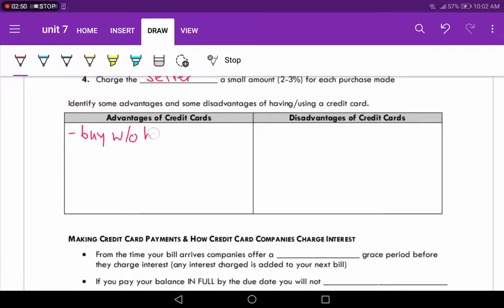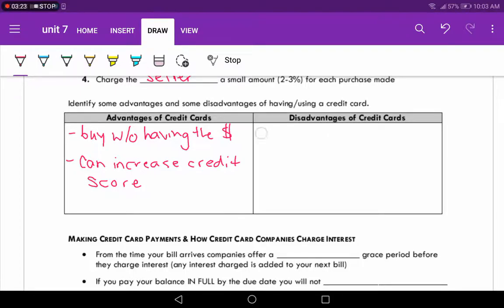Another advantage to credit cards is that they can increase your credit score. We're just going to stick with those two for now because I don't want to give them all away.